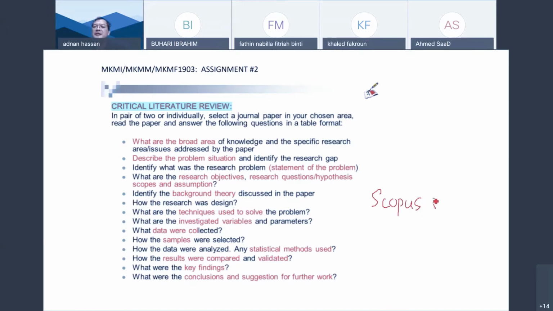Then we have papers with ISI index, or Web of Science, which we now call Web of Knowledge.